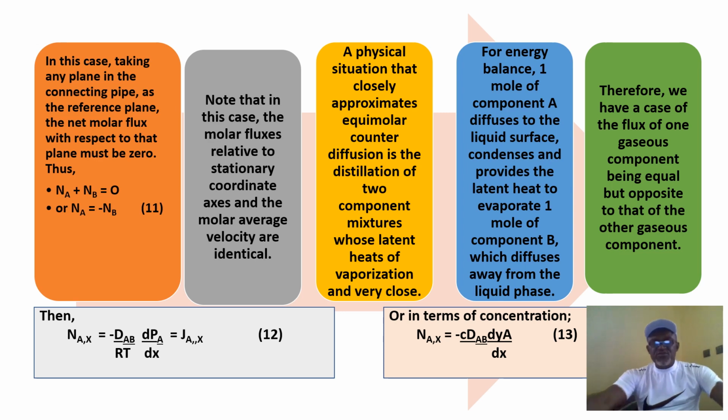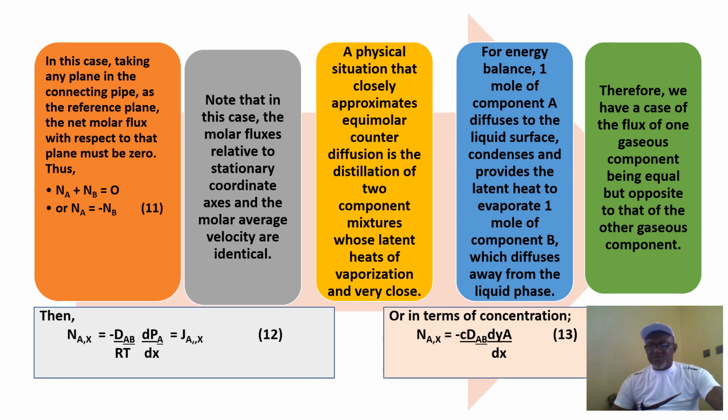Well, a physical situation that closely approximates equimolar counter diffusion is the distillation of two component mixtures whose latent heats of vaporization are very close. For energy balance, 1 mole of component A diffuses to the liquid surface, condenses, and provides a latent heat to evaporate 1 mole of component B, which diffuses away with the liquid phase.